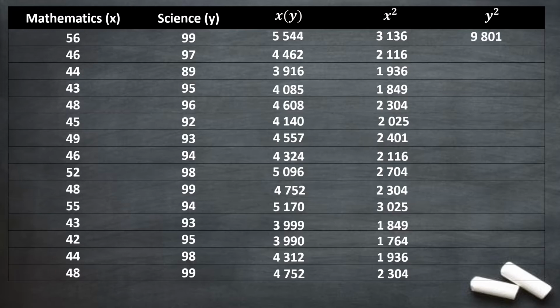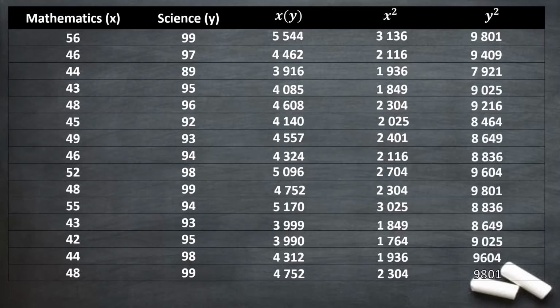Next y value is 97, so 97 times 97 or 97 squared, we have 9409. The third y value is 89, so 89 times 89 or 89 squared is 7921. And squaring all the remaining values for y, we will have the value as this.